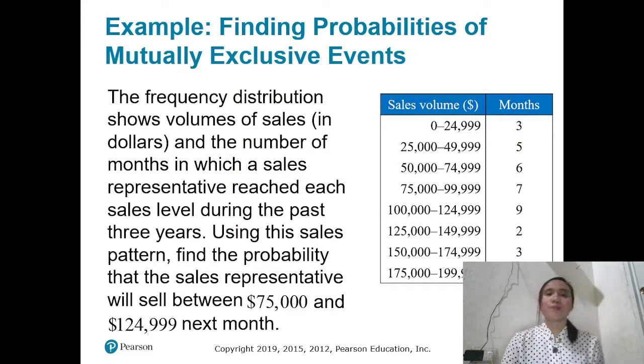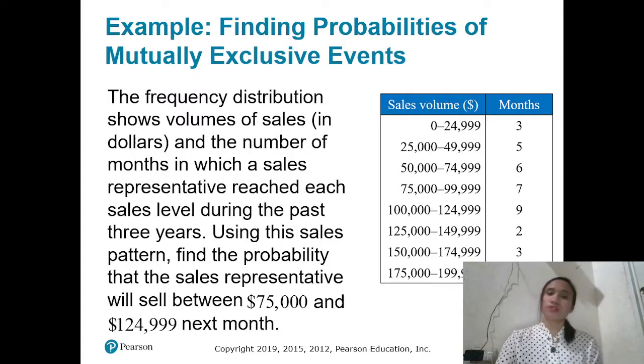Example of finding probabilities of mutually exclusive events. The frequency distribution shows volumes of sales in dollars and the number of months in which a sales representative reached each sales level during the past 3 years. Using the sales pattern, find the probability that the sales representative would sell between $75,000 and $124,999 next month.